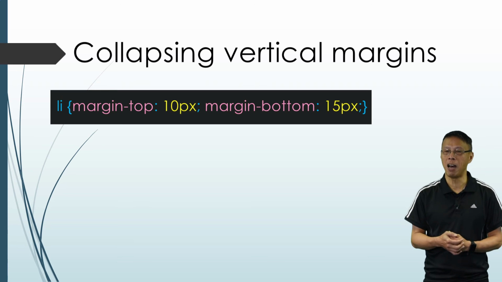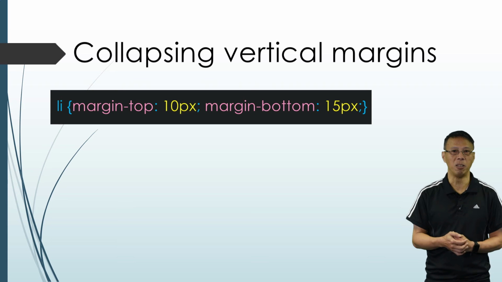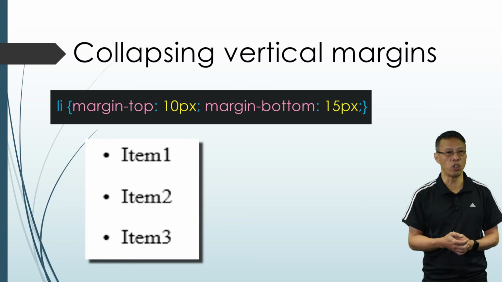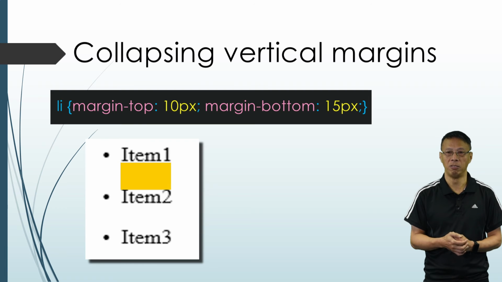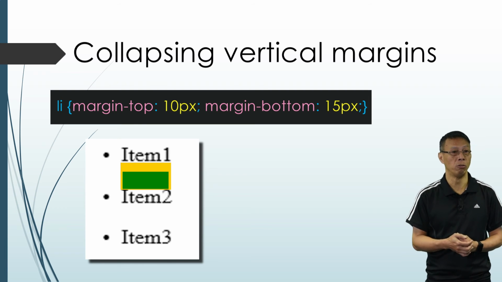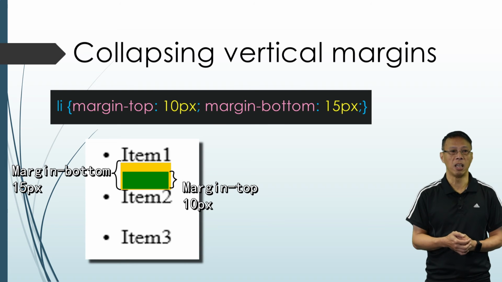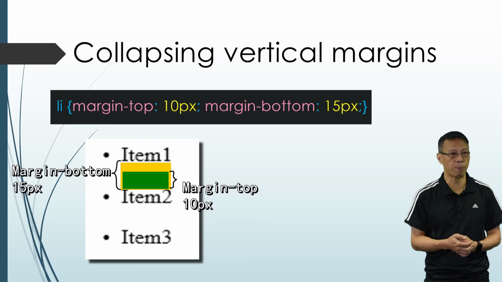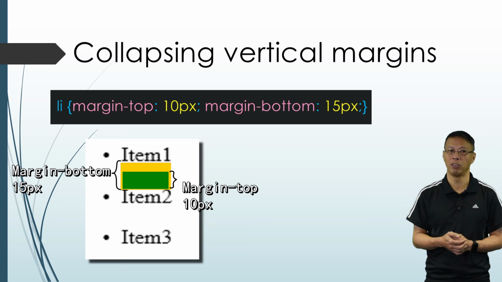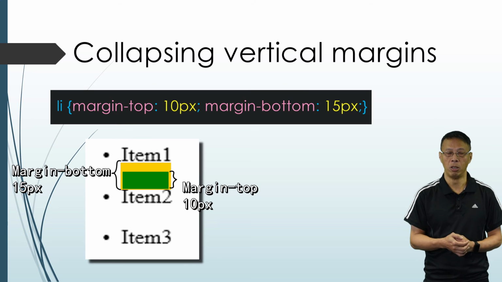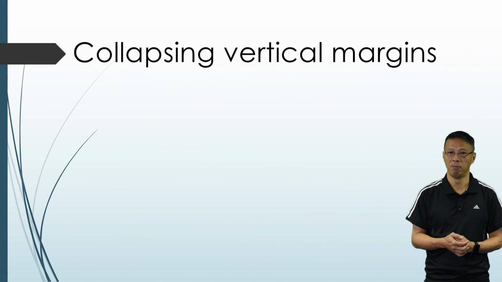Now, with what we defined in the previous slides, the distance between the adjacent list items is 15 pixels, not 25 anymore, because adjacent margins are collapsed along the vertical axis. The smaller of the two margins would be eliminated in favor of the larger one.